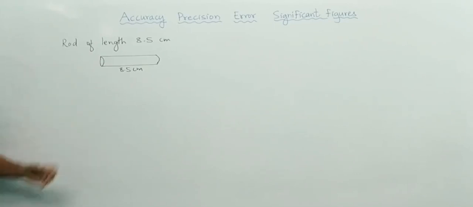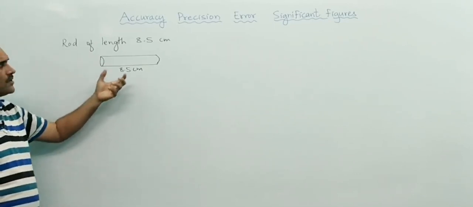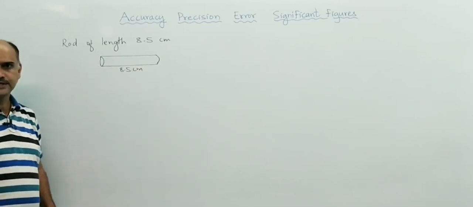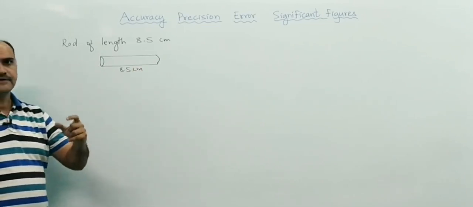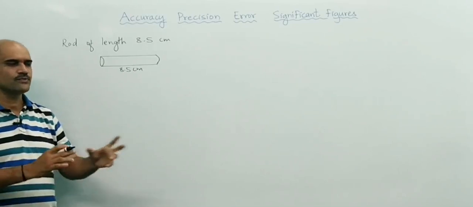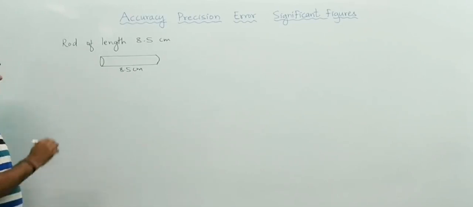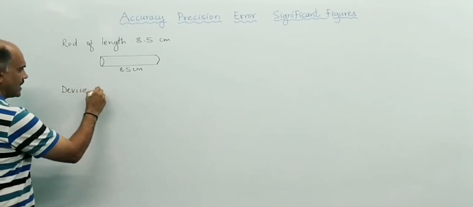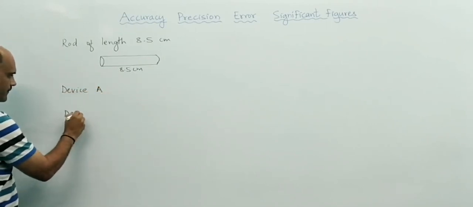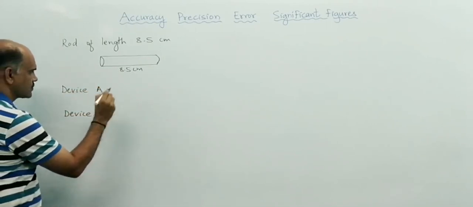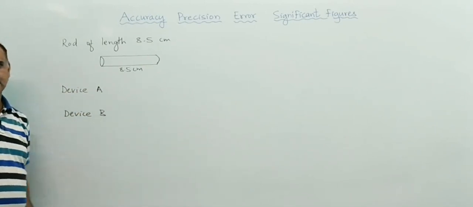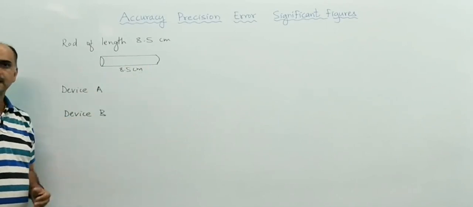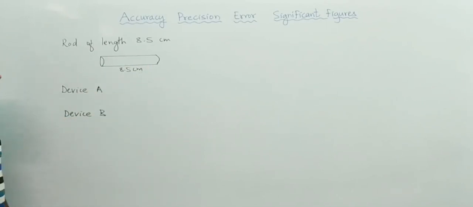Now in the lab they have asked a student to measure the length of this rod by giving two different devices, or you may say two different scales. So device A and device B.